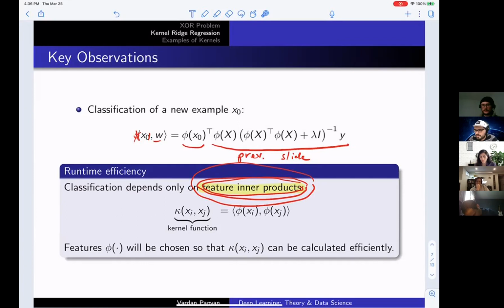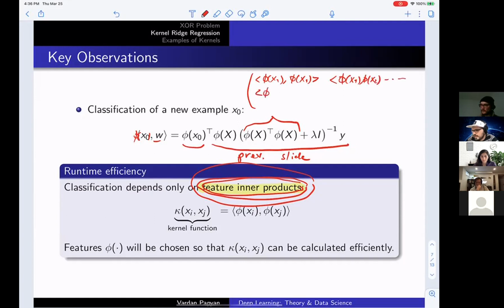So first of all, notice that this matrix is of size sample size by sample size. So let us write it more explicitly. This matrix here would be something like inner product of phi x1, phi x1. Then inner product of phi x1, phi x2.